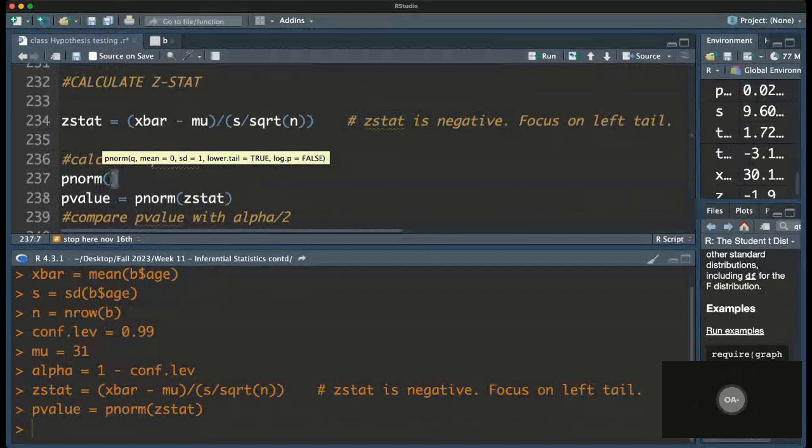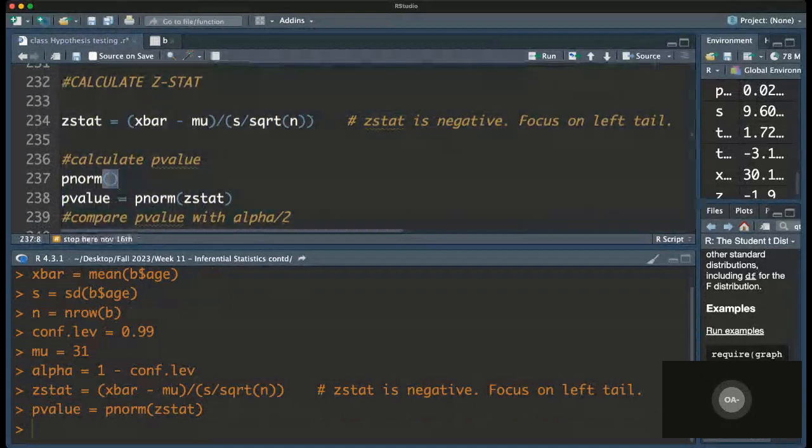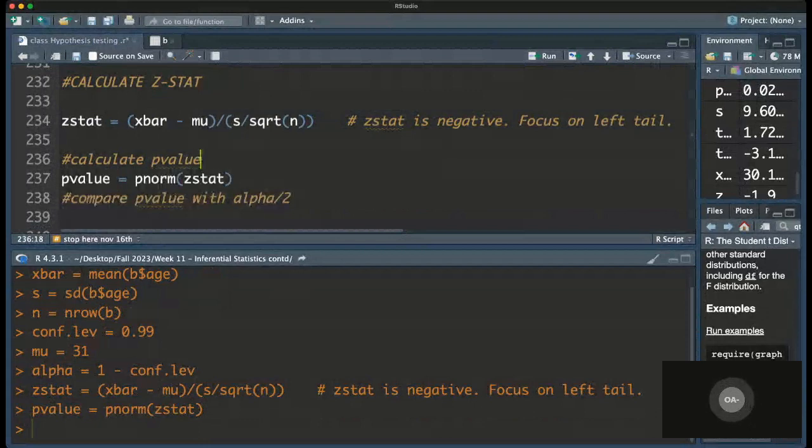So we could say lower tail equals true, or we can skip it. It's the default. If our z-stat was positive, then we want to focus on our right tail or the upper tail, and in that case, we'd have to say lower tail equals false. But since z-stat is negative, we'll keep our lower tail to be true.